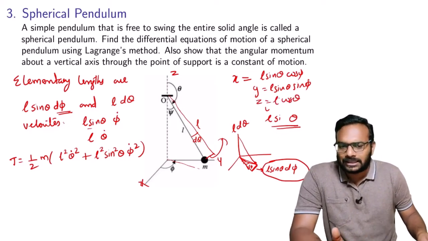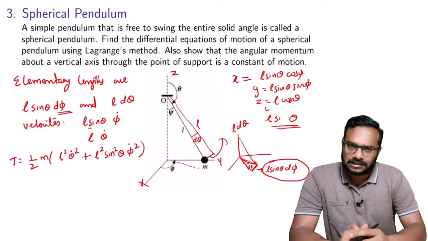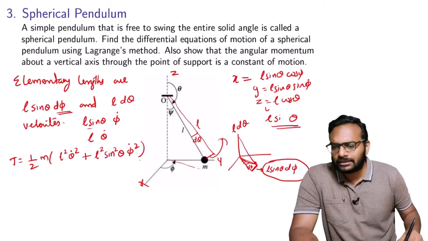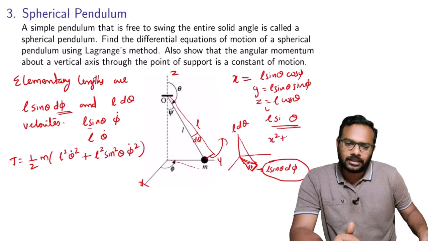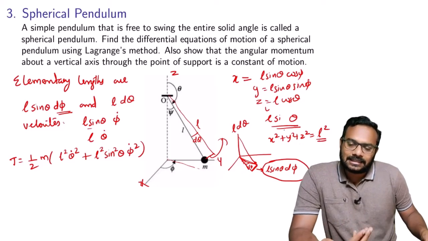We can do these things and find T is equal to half m times x dot square plus y dot square plus z dot square, and in the end you will get exactly this thing. We will have to use the condition that x square plus y square plus z square is a constant, equal to L square. That's quite tedious and takes a lot of time.